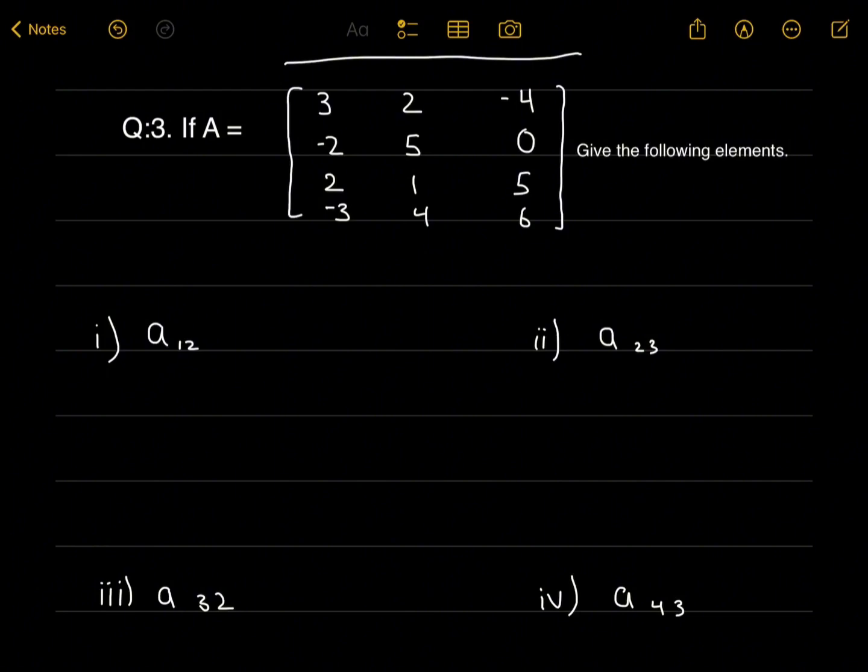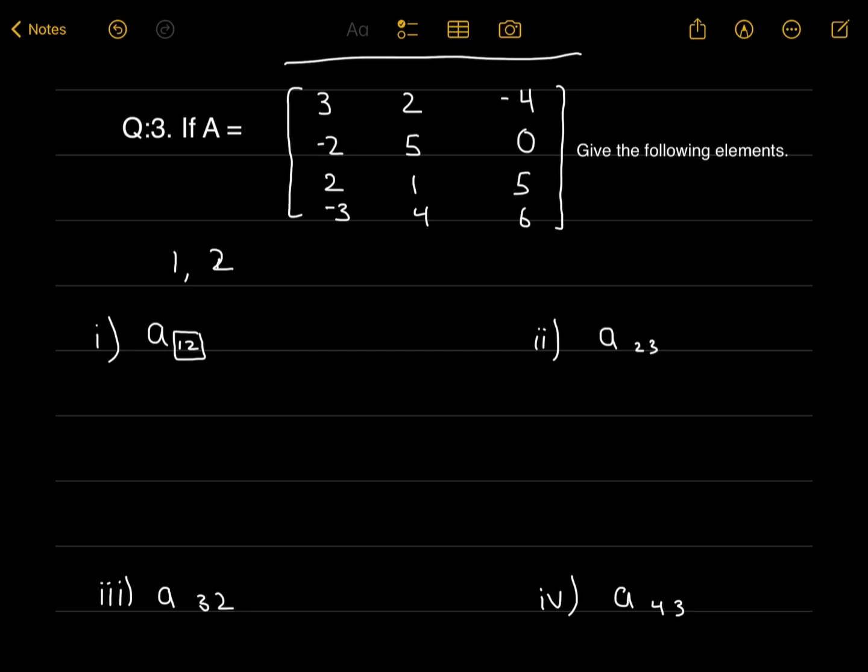We know that a is a number, so you should ignore the letter. This is the address of the number. So that's 1 and that's 2. So 1 means the row and 2 means the column.